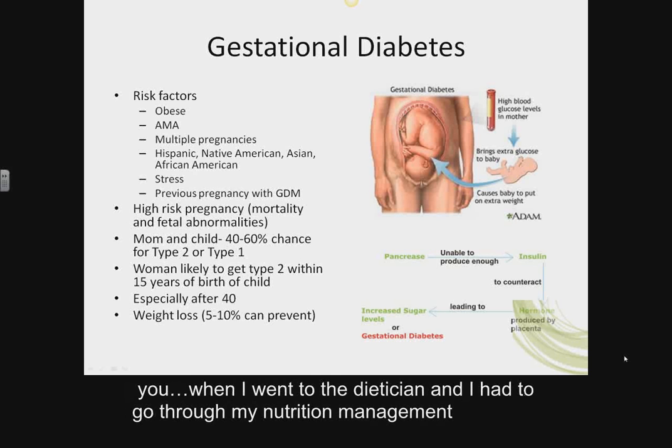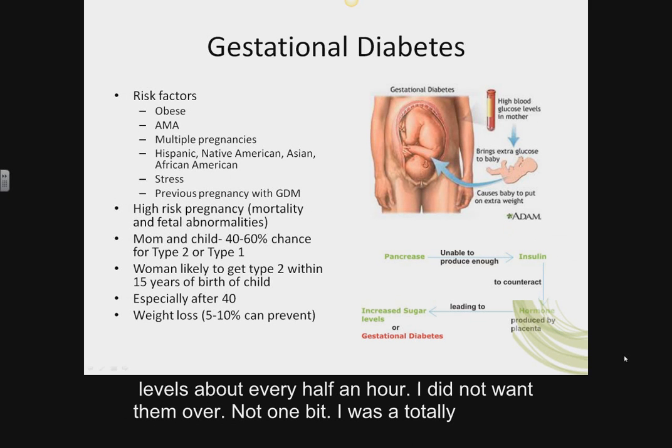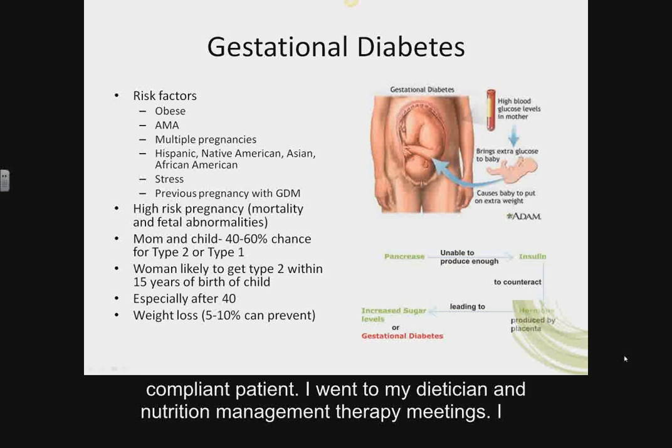I have to tell you, when I went to the dietitian, and I had to go through my nutrition management therapy to change my way of eating, it was hard. I monitored my blood glucose levels about every half an hour. I did not want them over, not one bit. I was totally compliant. I went to my dietitian and nutrition management therapy meetings.